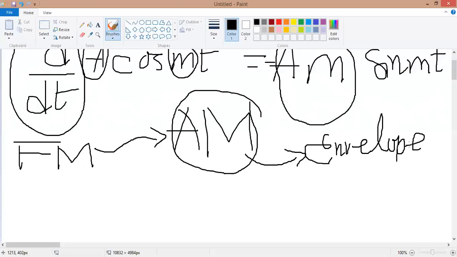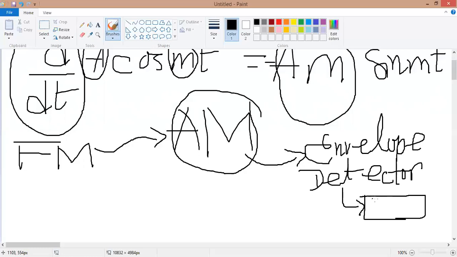After this envelope detector, the signal is passed through the low pass filter or baseband filter, and we will get the smooth message signal back.